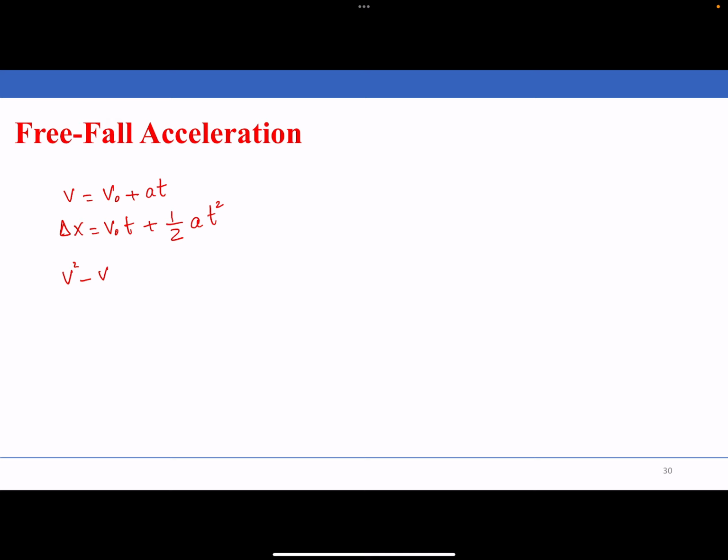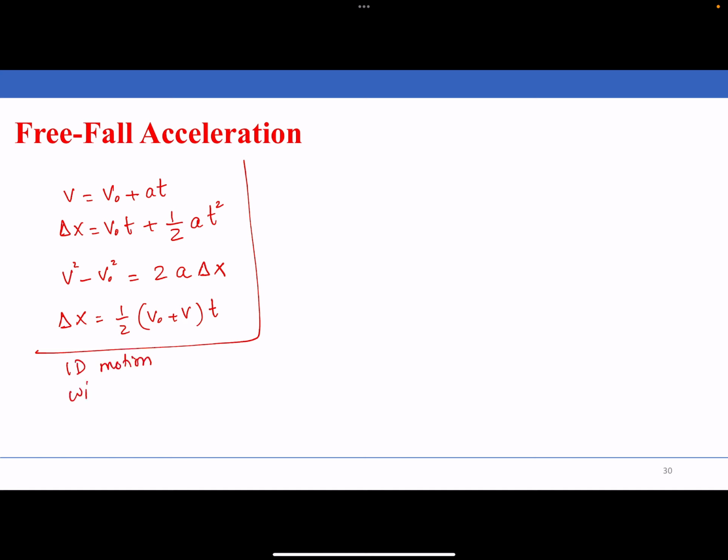Final velocity squared is initial velocity squared plus 2 times a times delta x. And delta x is 1/2 initial plus final times time. So these were done previously, and that was 1D motion with constant acceleration.